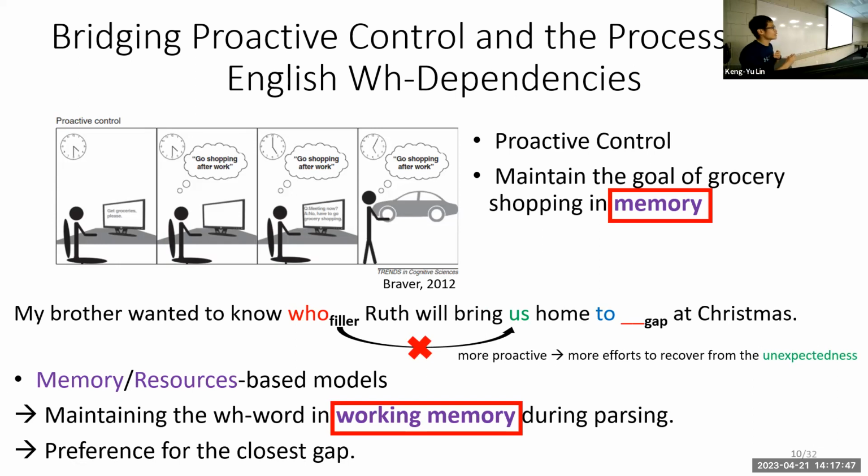Because you are more likely to expect a gap, but now the gap is unexpectedly filled. So you have to undo your initial expectation and then reanalyze the sentence. So it's more effortful to recover from such unexpectedness if you are more proactive, right? That's the reasoning of the study and how we combine proactive control and the processing of English WH dependencies, right?